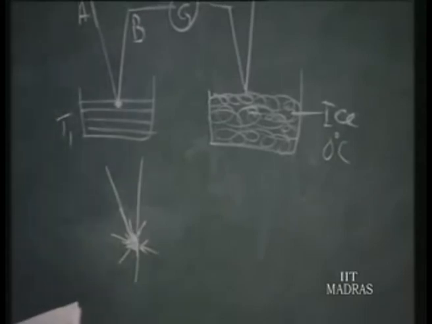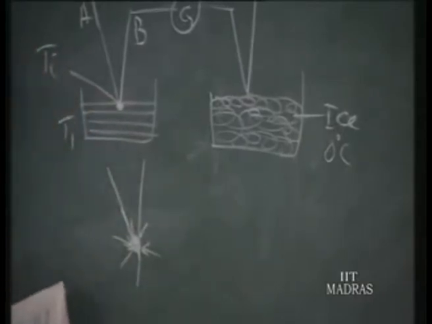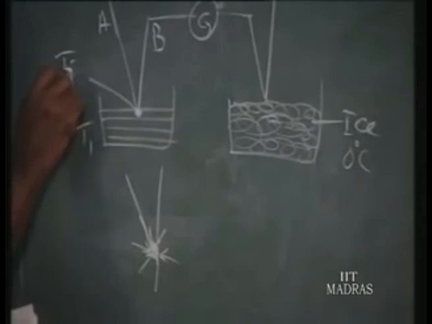Suppose U is the heat transfer coefficient through the surface area, and A is the surface area of the thermocouple junction, and Tj is the temperature of the thermocouple junction at any instant.